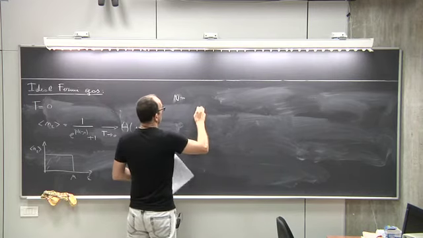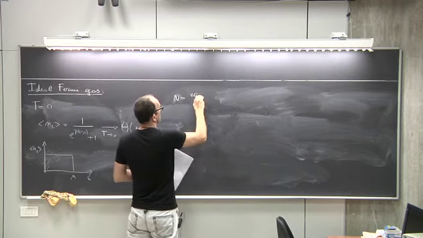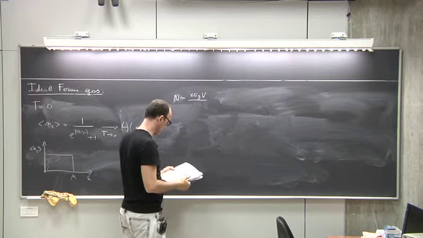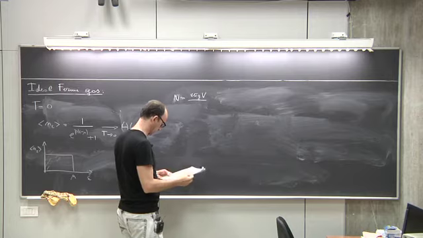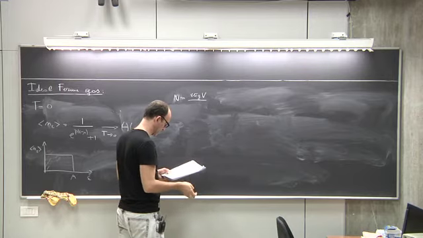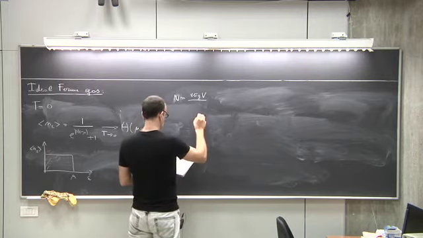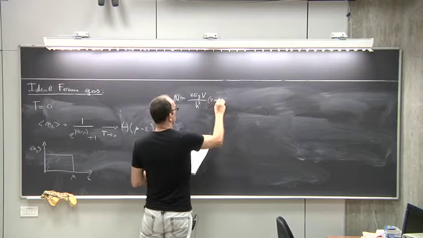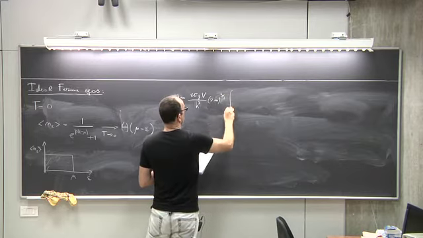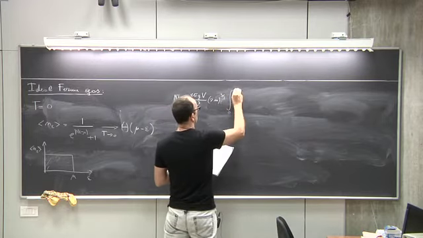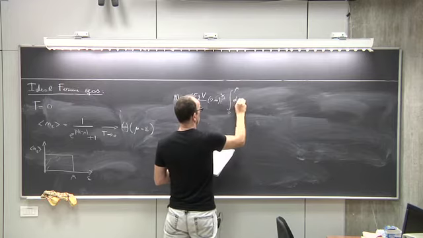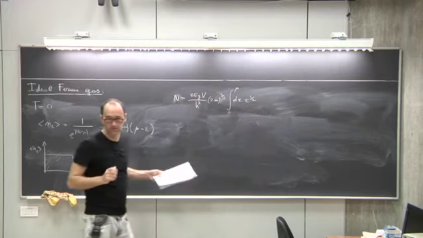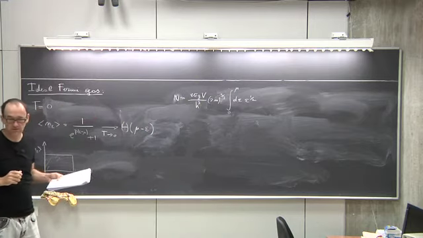So n will be equal to 2 pi g v over h cubed, this is my usual density of states, times 2m to the 3/2 times the integral from 0 to mu of d epsilon epsilon to 1/2. That's it.